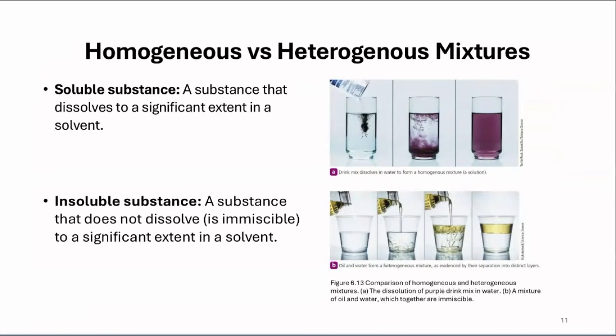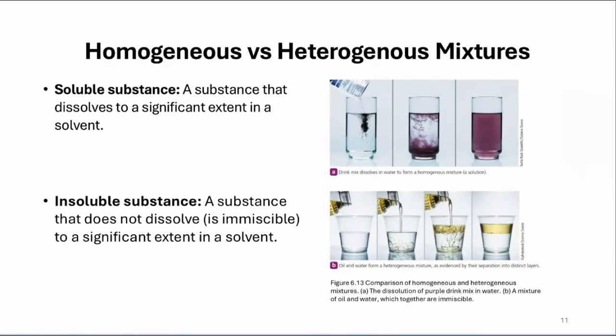I already established that when it comes to a solution, that is also known as a homogeneous mixture. Earlier in the semester, we learned how mixtures can be homogeneous or heterogeneous. In order to prepare a homogeneous mixture, the substances, meaning the solute and solvent, need to be soluble in one another.